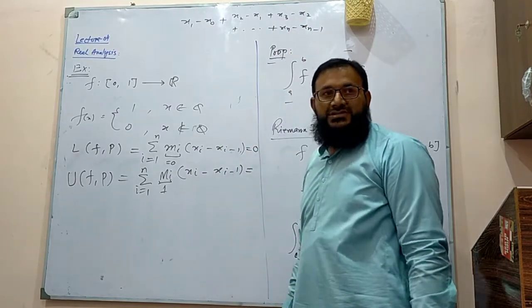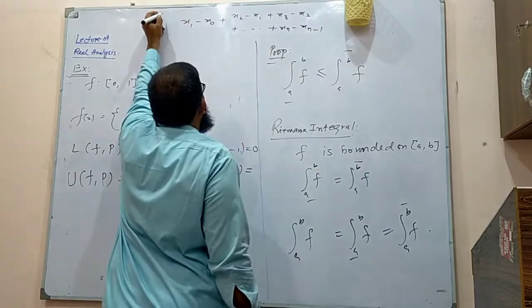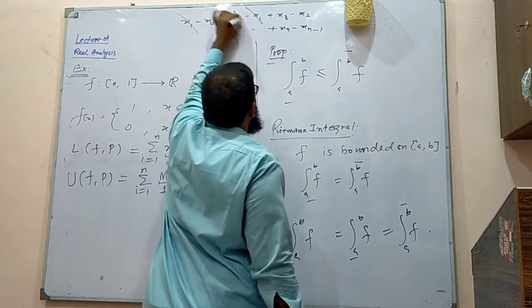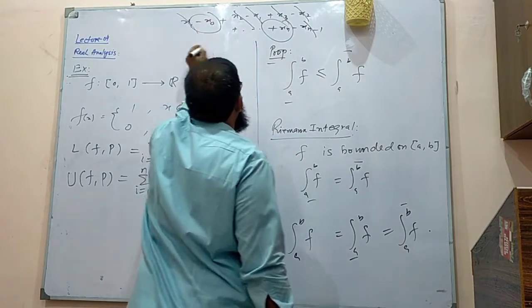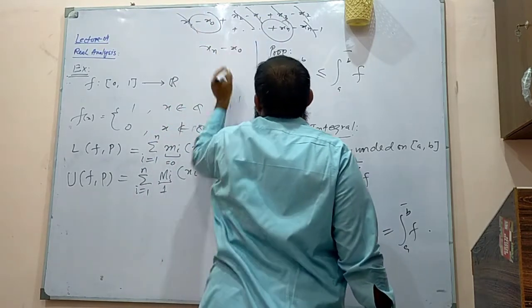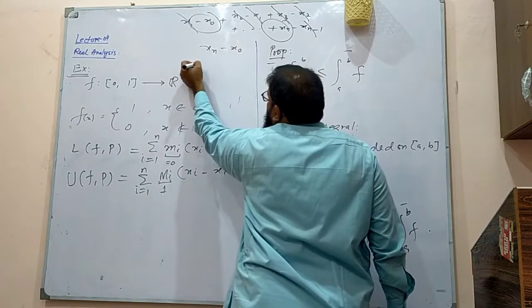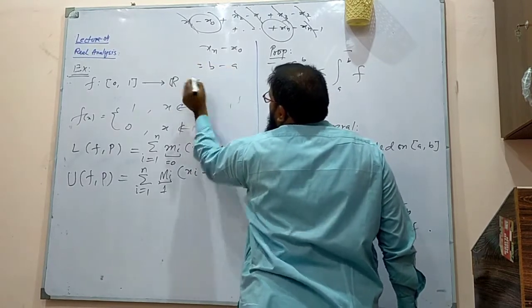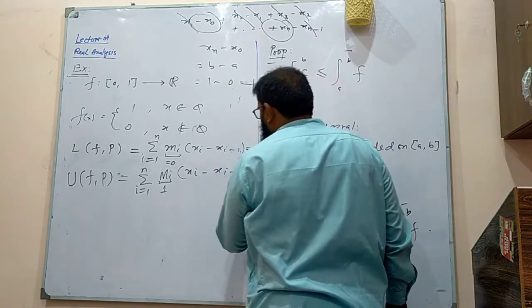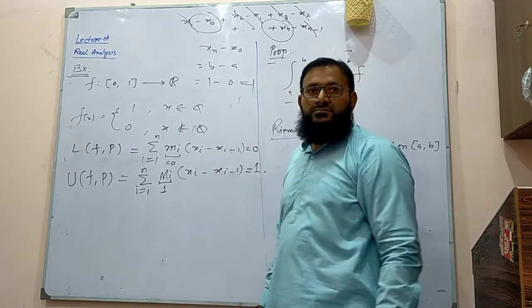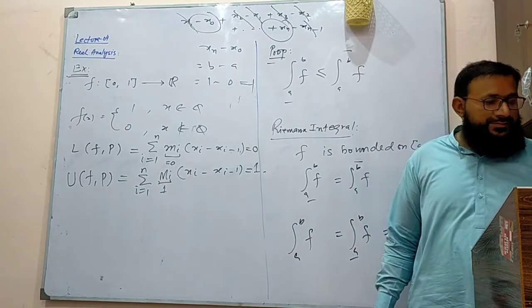This is called a telescopic sum. You can see x1, x2 and so on will all be cancelled, only what is left is xn minus x0. But you know very well xn is b and x0 is a, so b minus a, and b is 1 and a is 0, so this is equal to 1. That's the telescopic sum.